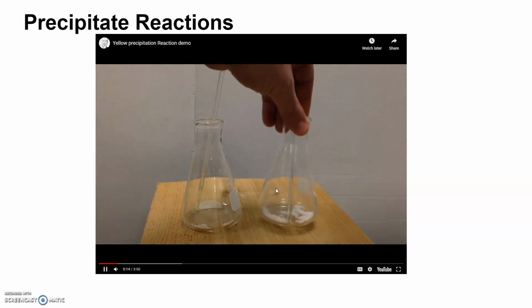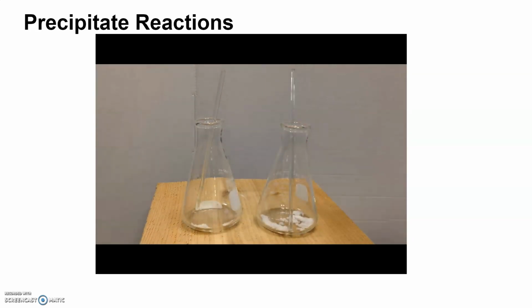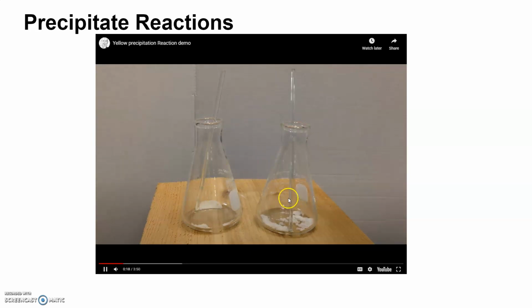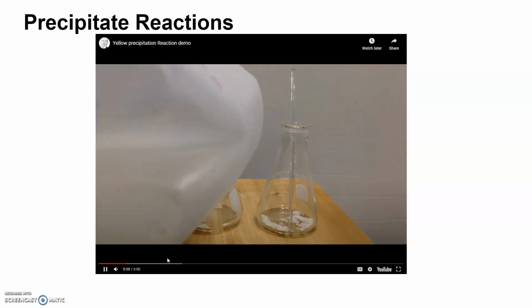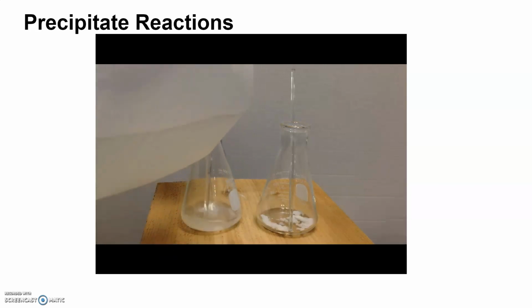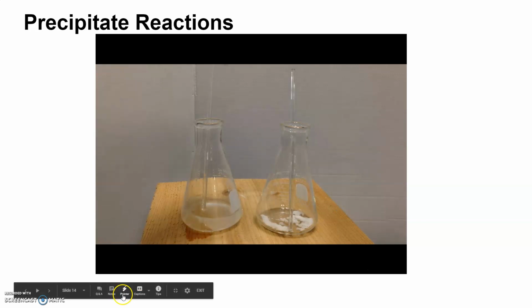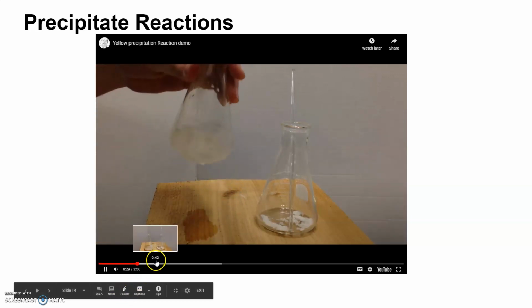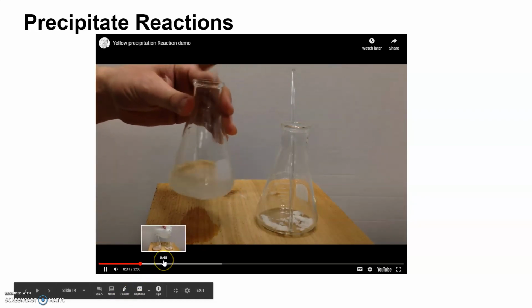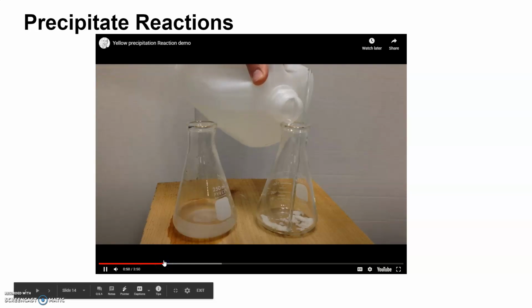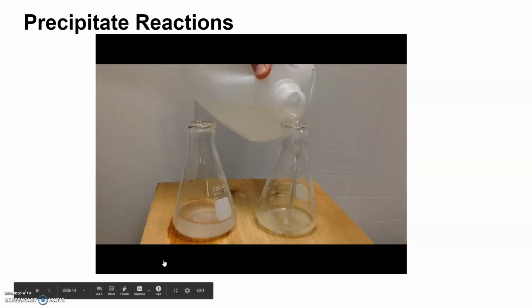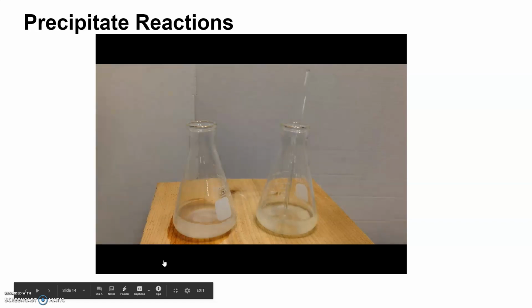The first thing that this scientist is going to do is dissolve both of these in water. And he's going to do the same thing with the other one, with the potassium iodide. Just dissolve them in water.